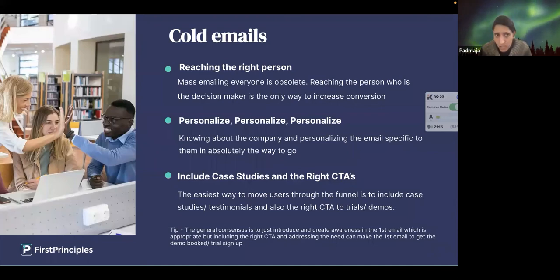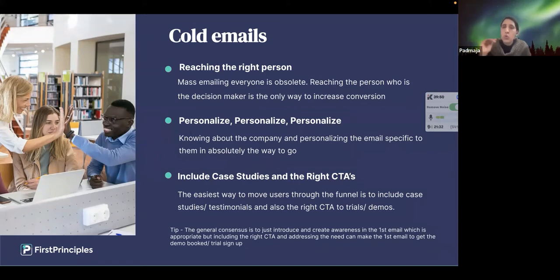Mass emails is almost obsolete. We all know that we have to reach the right person. If the CEO is a decision maker, reach the CEO. If the marketing manager is a decision maker, reach the marketing manager. If the developer is the person who's going to use it, reach the developer.